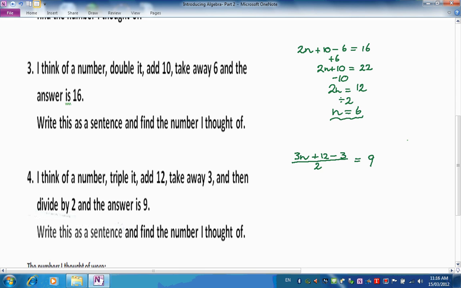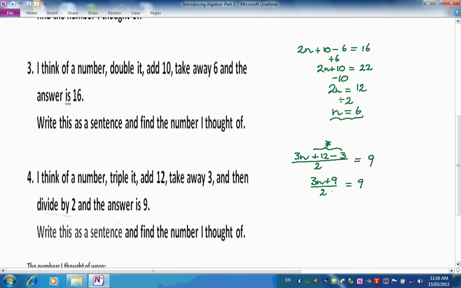We could also make this a little bit neater, looking at this top line here, because this is 3n. If we added 12 and took 3, effectively what we're doing is only adding 9, isn't it? Because 12 take 3 is 9. So let's perhaps write it more neatly like this.